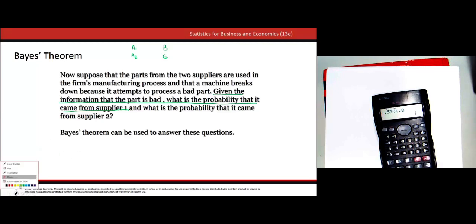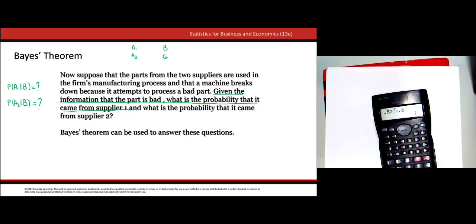We also need to calculate, given the information that the part is bad, what's the probability it came from supplier 2?